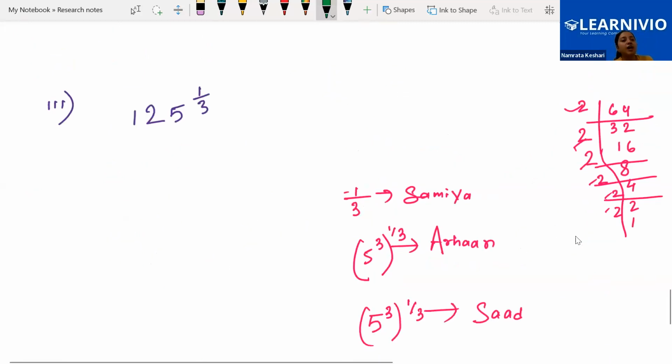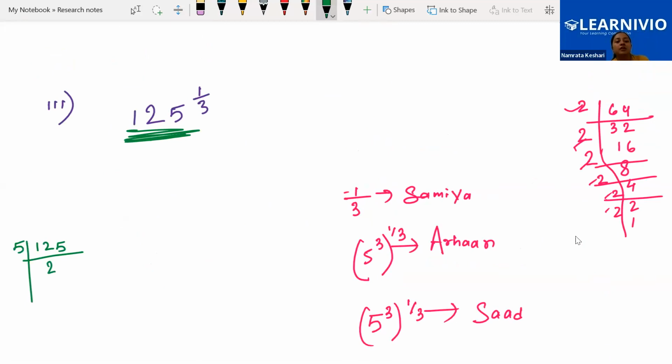Now 125 is there, so we are trying to write it in exponent form. We will do the prime factorization of 125: 5 twos are 10, 5 fives are 25, 5 fives are 125. So we got 5 to the power 3. Now one more exponent, 1 by 3, is there. That is fine.